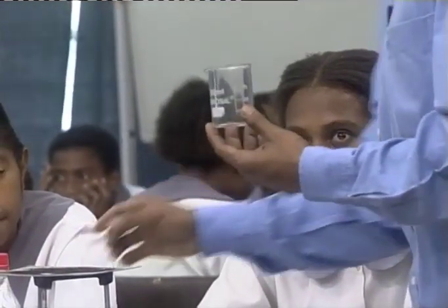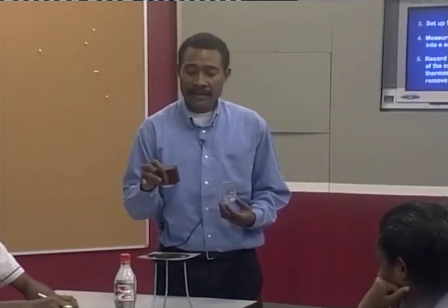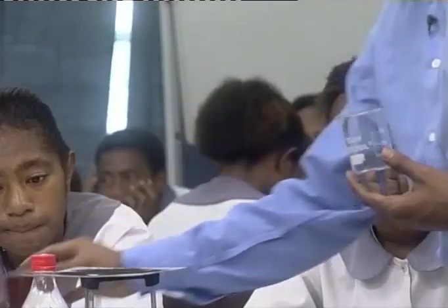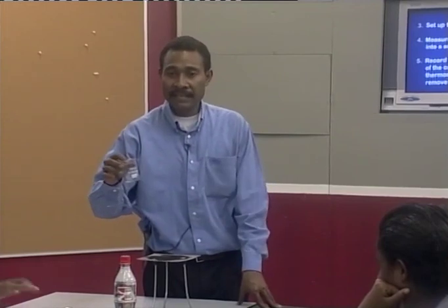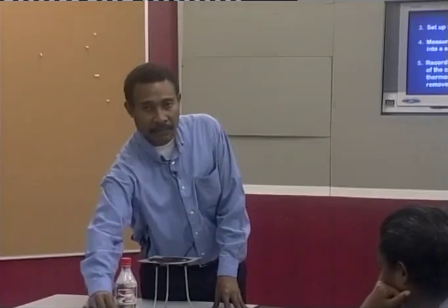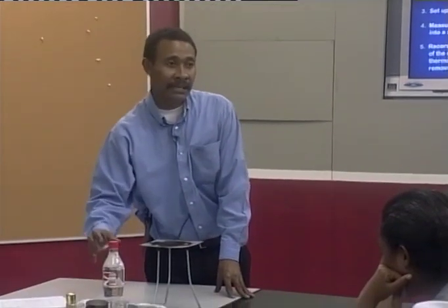And if you don't have a beaker, you can use a can. For model class, this measurement of 50 milliliters on this beaker, you will get the water from here and pour it into the beaker.